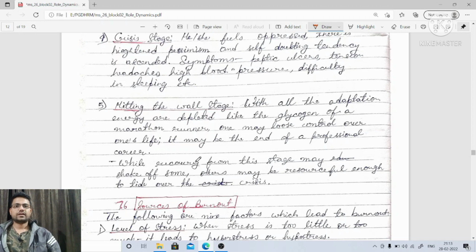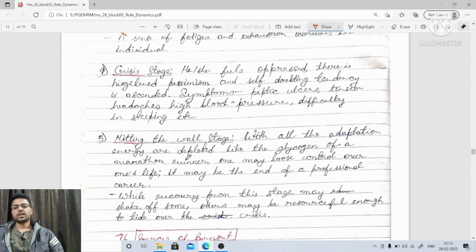So, now here is where I was. The fourth stage is the crisis stage. Here the individual feels oppressed.